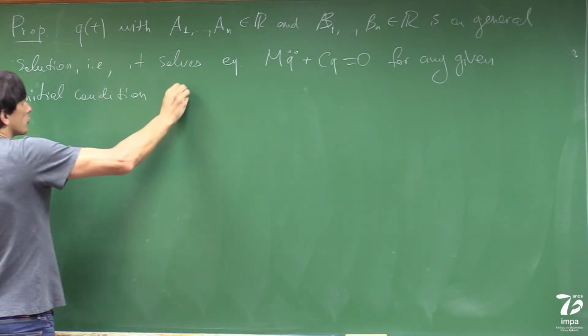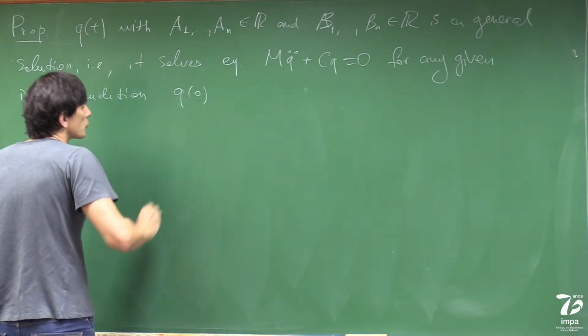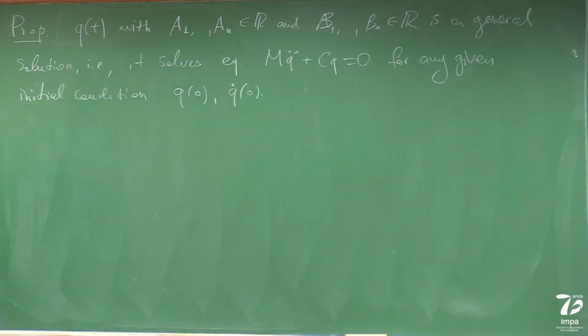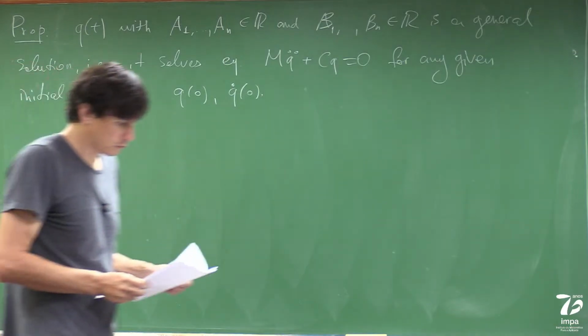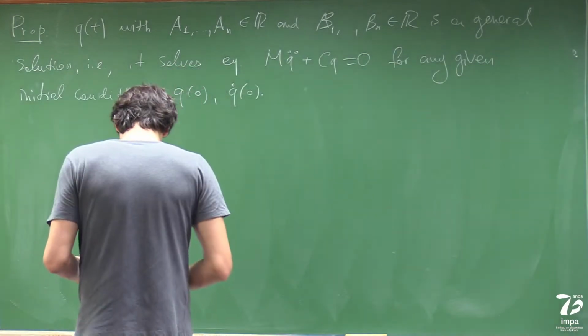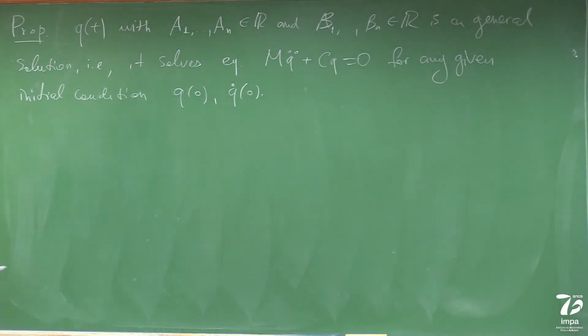And remember, initial condition means that you give the initial position and the initial speed. So given the initial position and speed, you can choose coefficients that solve it. Let's show it, and then we'll have a break.